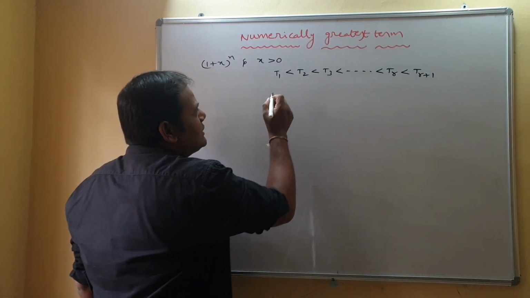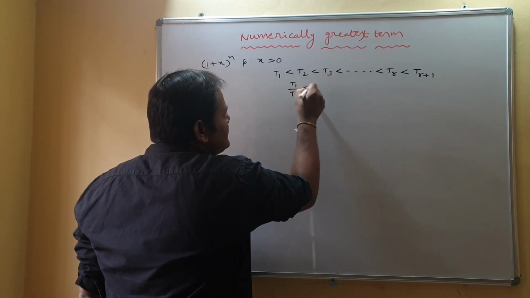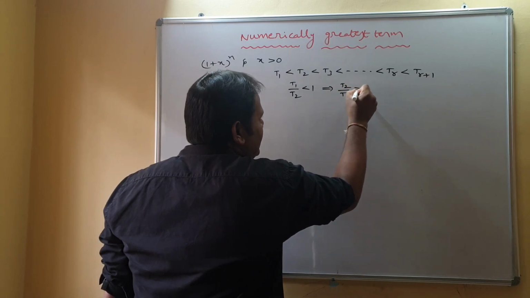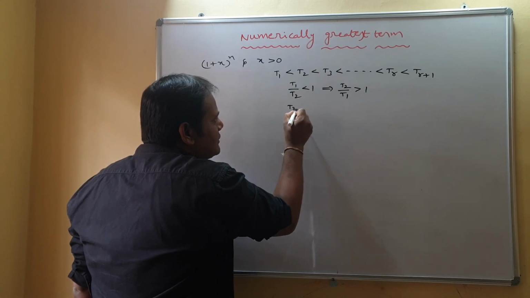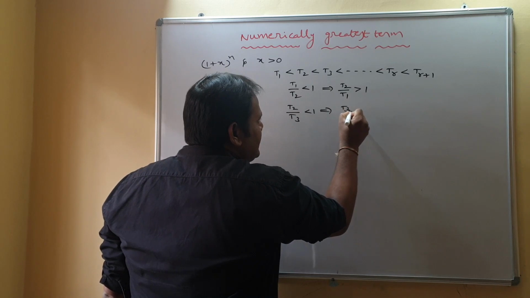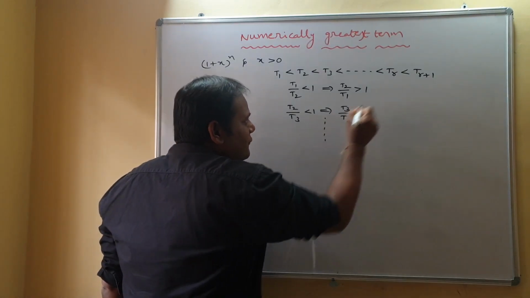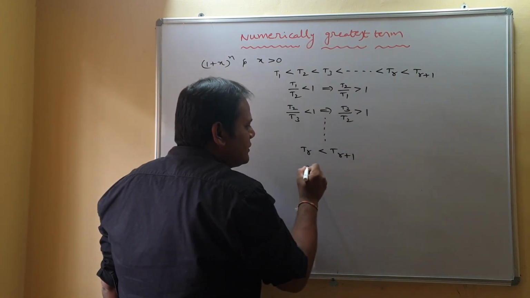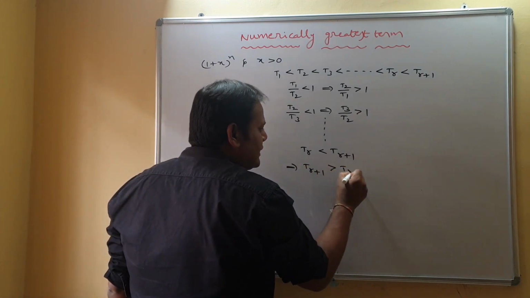T1 < T2 means T1/T2 < 1, so from this you can write T2/T1 > 1. T2 < T3 means T2/T3 < 1, that is T3/T2 > 1. Like that we can get TR < TR+1, so I can write TR+1 > TR.